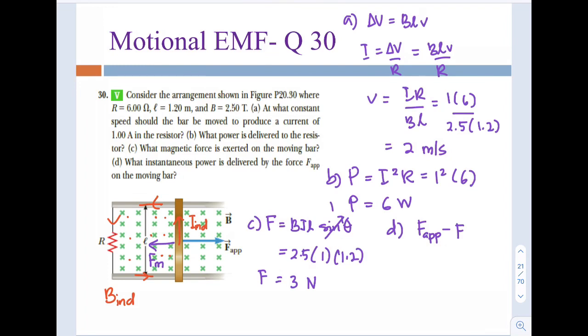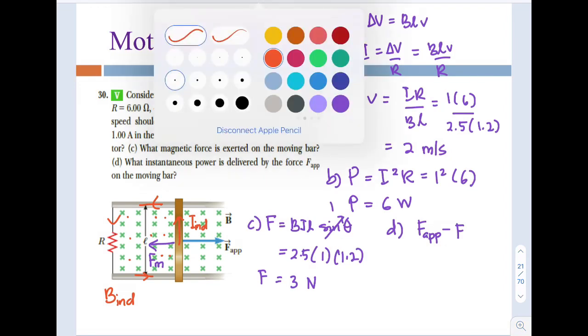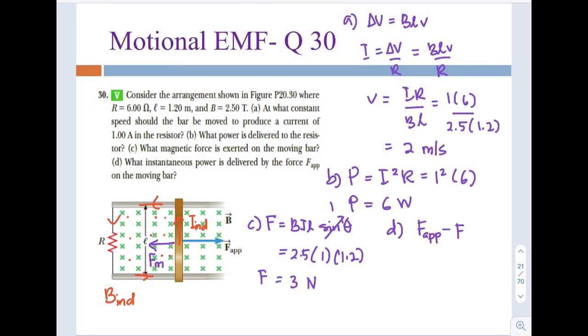Alright, so now back to the calculation of part D, power. We need to figure out the F net firstly. So F net, F applied minus F magnet, is equivalent to 0. So F applied is equivalent to F magnet, where power due to the F applied is equivalent to F applied times the velocity, Fv.